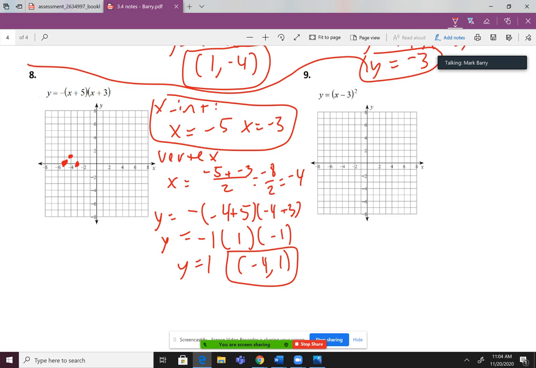It actually makes sense that the vertex is up there because that makes it open down, upside down parabola.